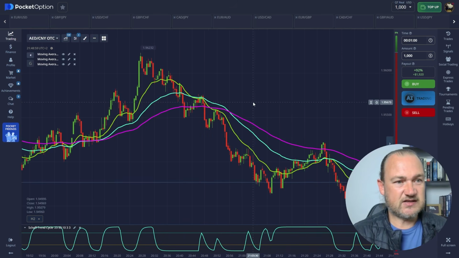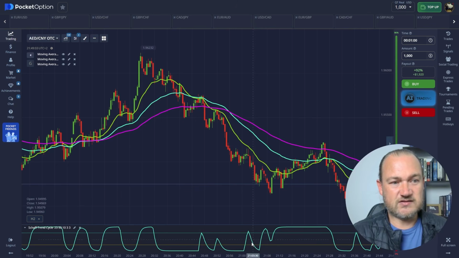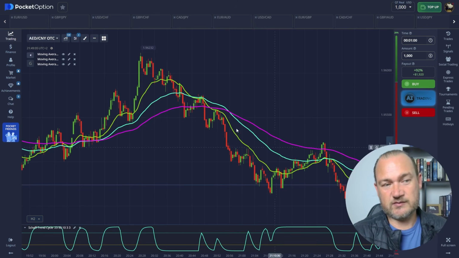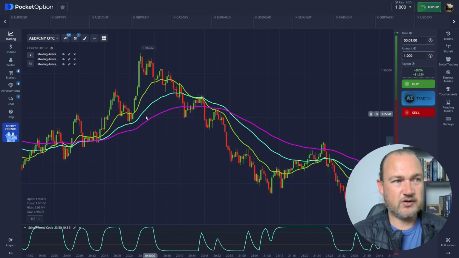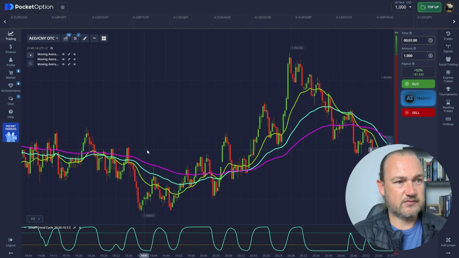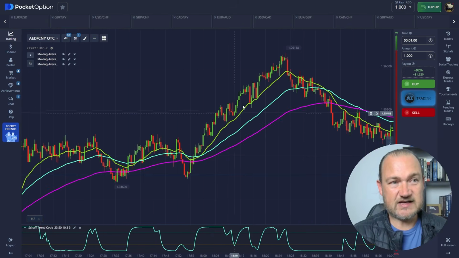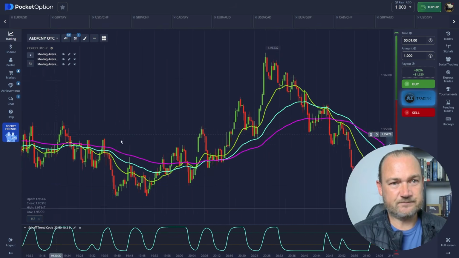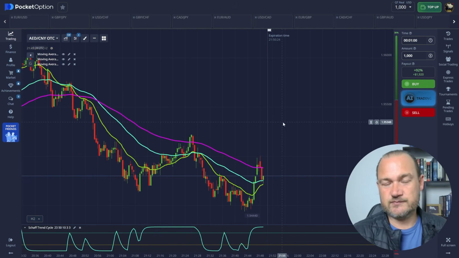And then we're going to take sell trades when the Schaff Trend Cycle goes into the sell zone, if price is moving downwards and my moving averages are coming down, and when it's moving up we'll be taking buy trades as soon as the Schaff Trend Cycle enters a buy zone. There's a good example there of a buy we could have had. And that's what we're going to do.